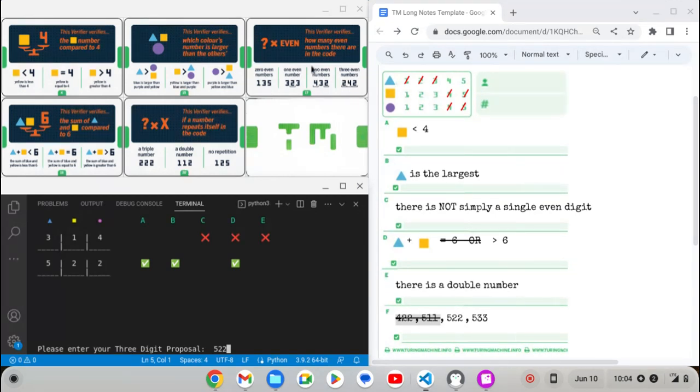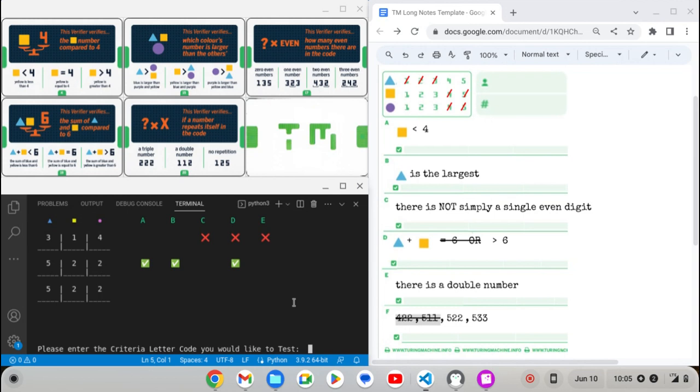I think so. If I knew this was 2 evens, then I knew I'd have a double, which leads me to believe that 533 would then be the correct answer. Okay, so I'm going to test 522 regardless, but I'm now sort of changing my mind. Perhaps it is 533, but we'll find out.